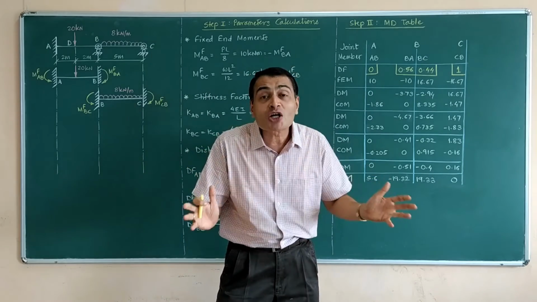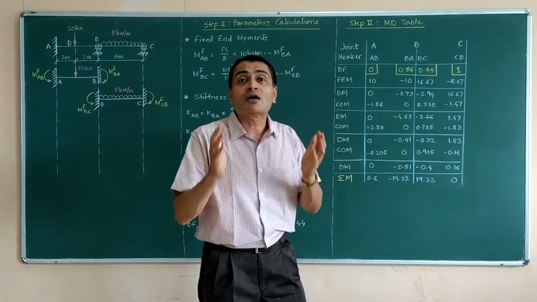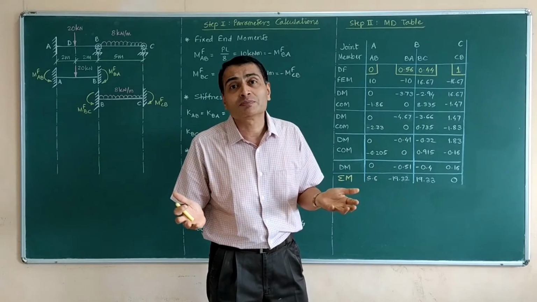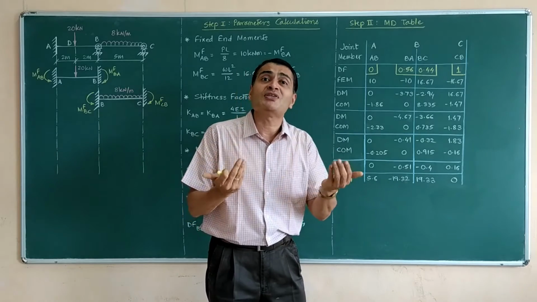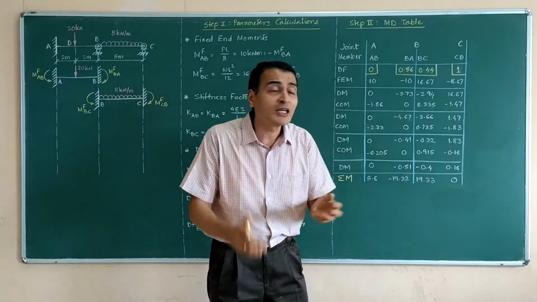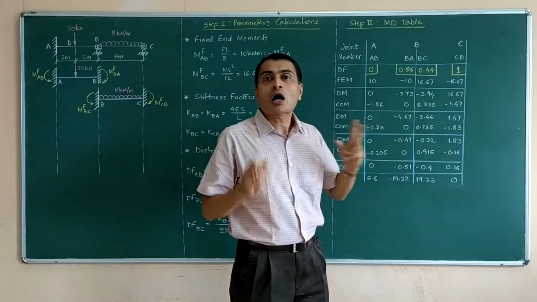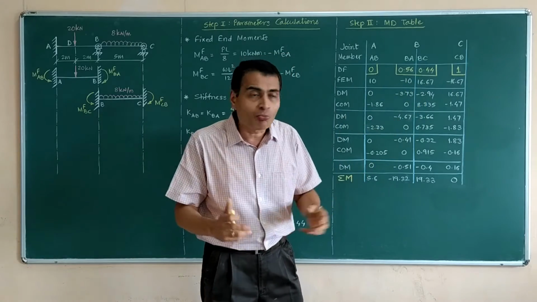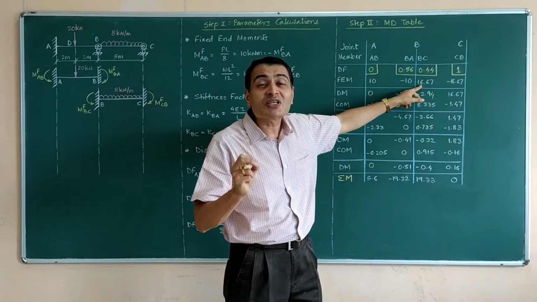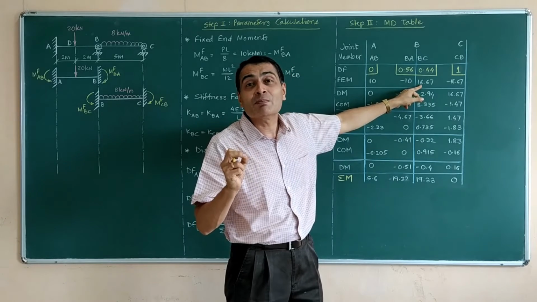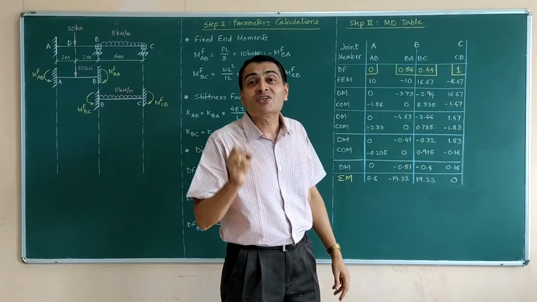So this is not reflecting a correct equilibrium situation. The two moments M of BA and M of BC have to be equal and opposite, but there is an imbalance. How much is the imbalance? Obviously minus 10 plus 16.67, that is there is an imbalance of 6.67.